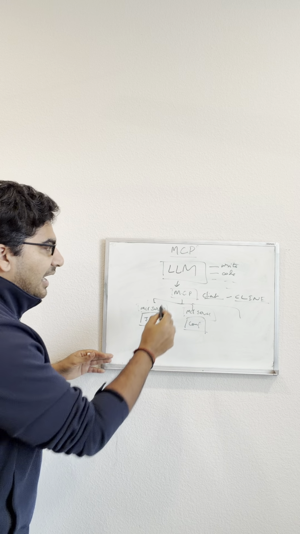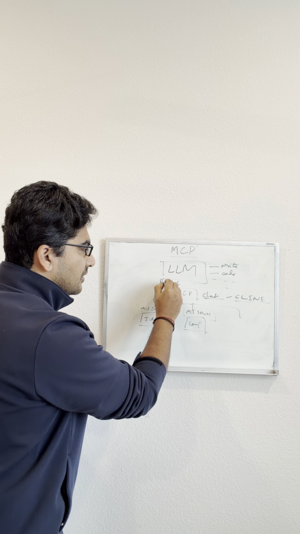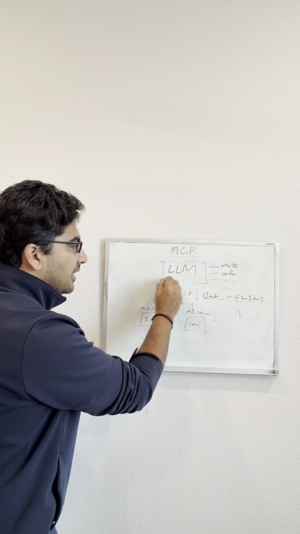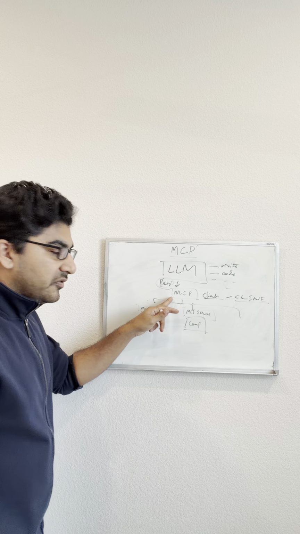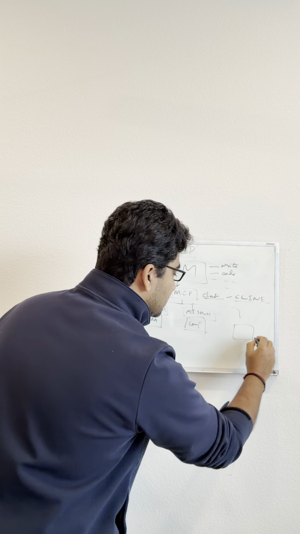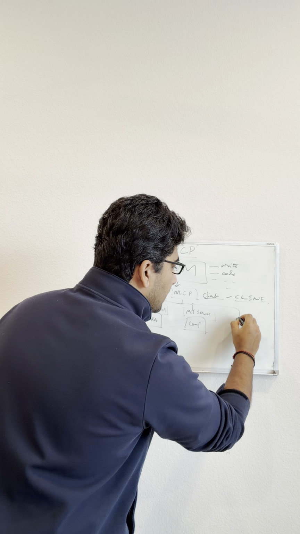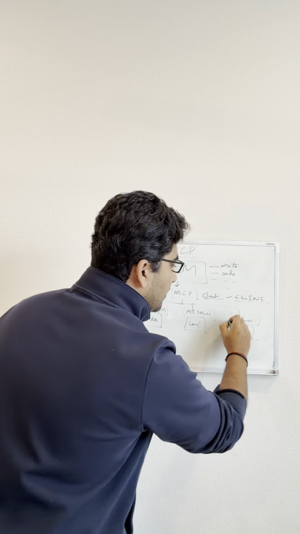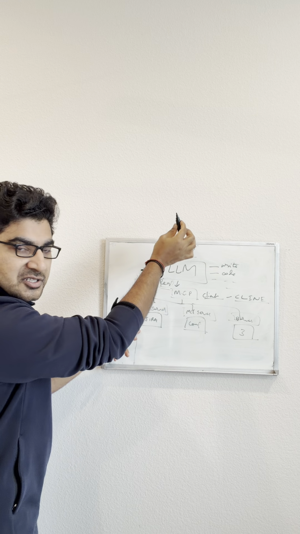And whenever user sends a request to, let's say, do a task, MCP client will figure out which particular server it needs to talk to, and it makes a call to the server and does the tasks and responds back.